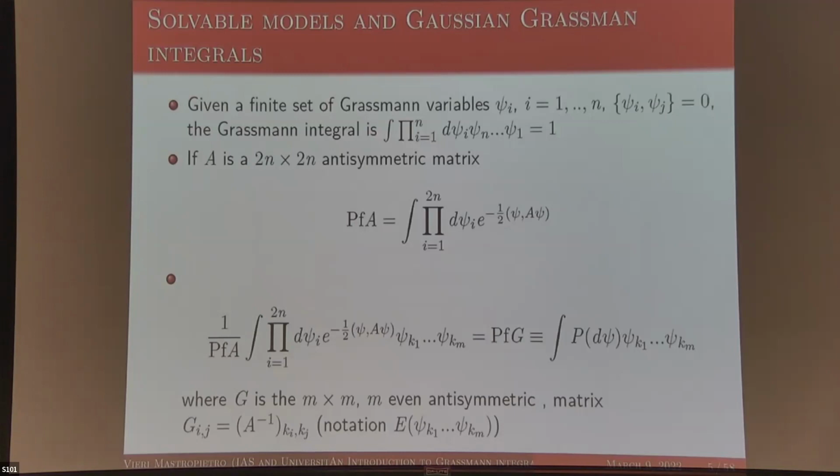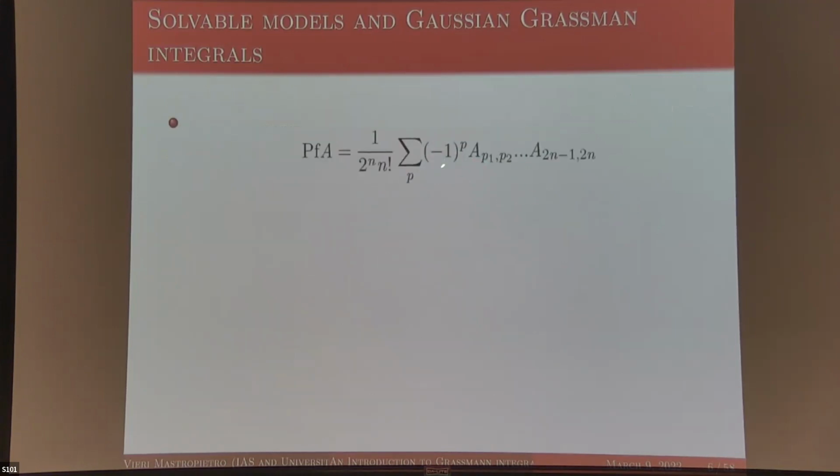Exactly. But the interpretation of this is very much reminiscent of a Gaussian measure. If these were ordinary variables, you would have something like 1 over the determinant. Instead, here you have the Pfaffian, which we said is related to the determinant, at the numerator. But it's very easy to verify. Simply expand this, and you will get that the only terms which remain are these ones.